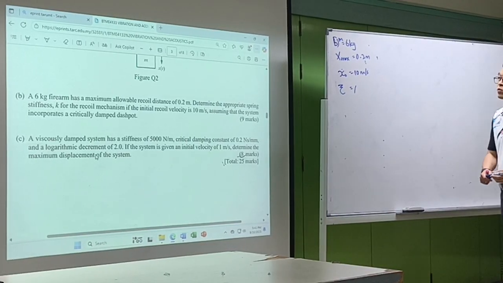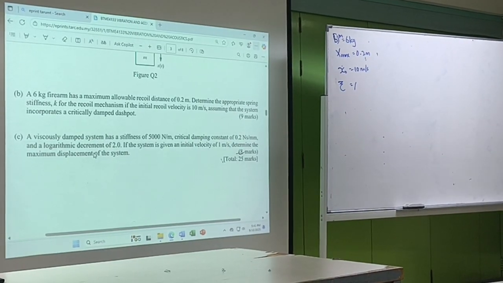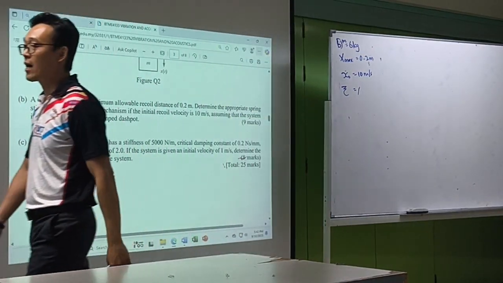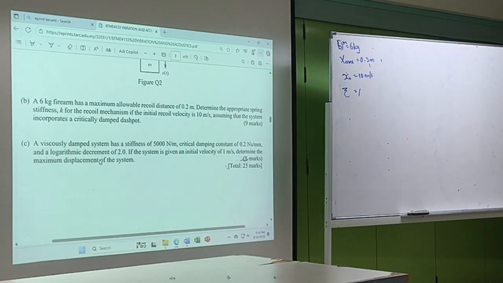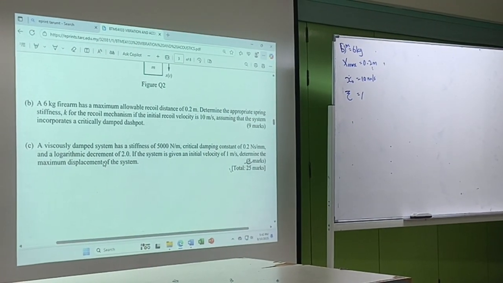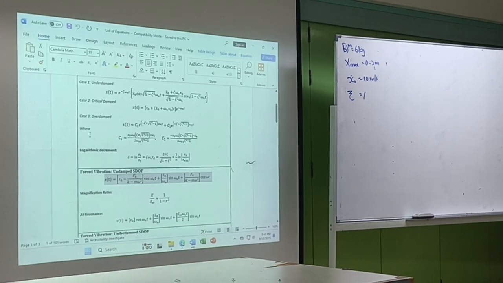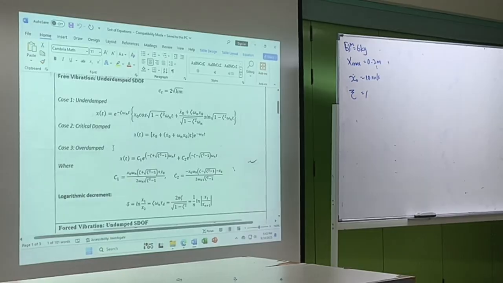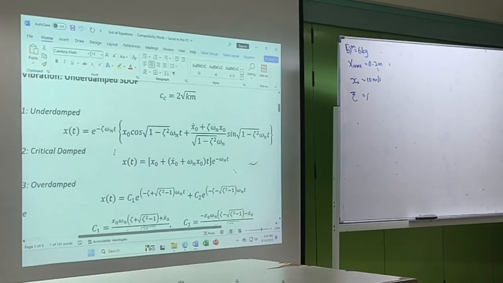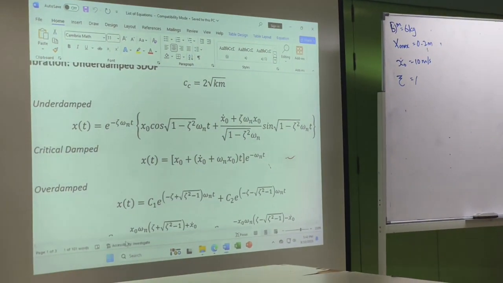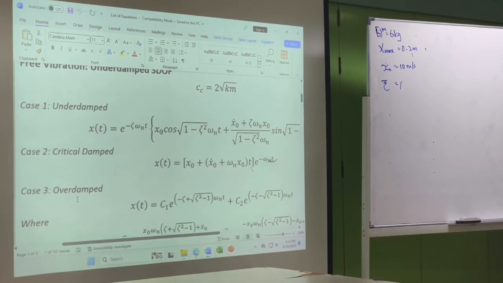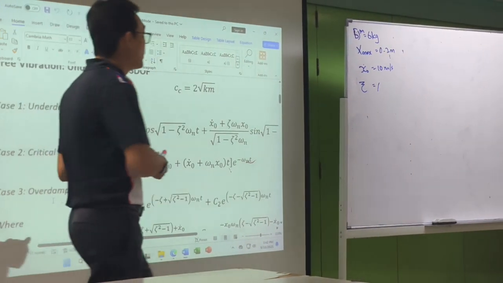Okay, zeta equals what? We can get the equation for zeta equal to 1, critically damped. Okay, the equation for critical damping. You have to use this list of equations always, so that you can remember what equations are available here.